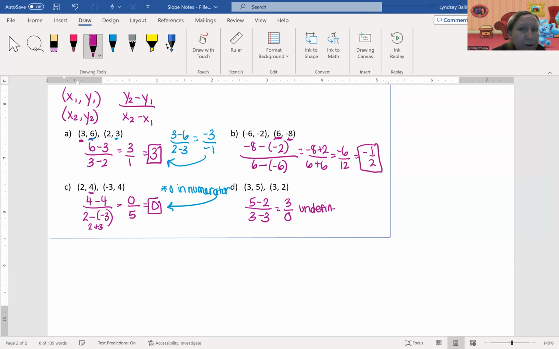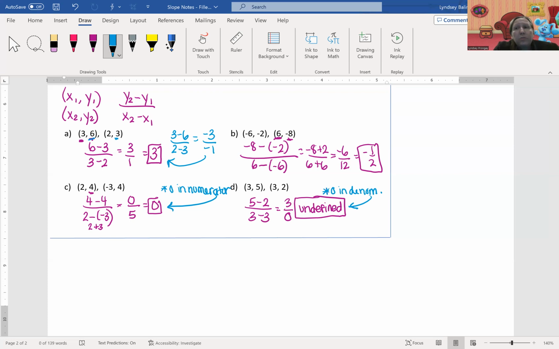So that's where that word popped up for our vertical lines, because it ends up having no run at all and a 0 in the denominator. So when we have a 0 in the denominator, I'm going to abbreviate, that is when your answer is undefined.